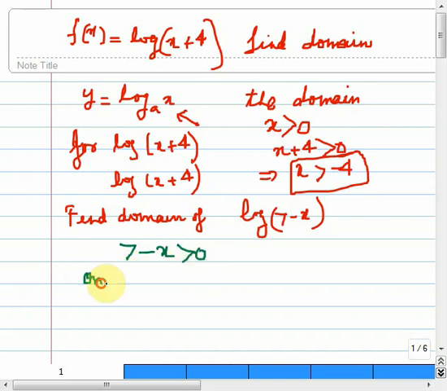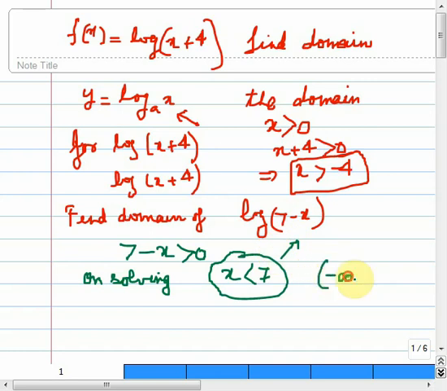On solving, 7 minus x greater than 0 will become x less than 7. So our domain for this logarithmic function will be all numbers less than 7. So the domain will be minus infinity to 7, both open brackets. Right.